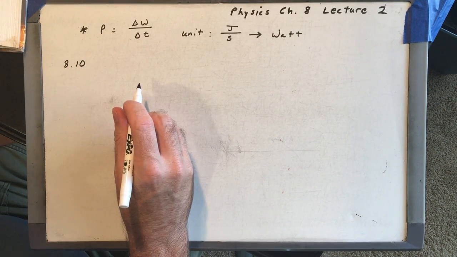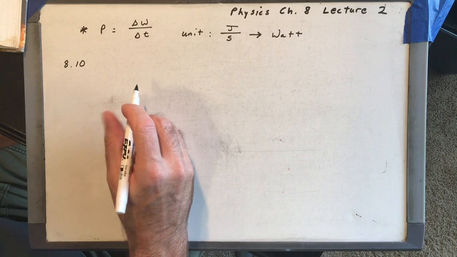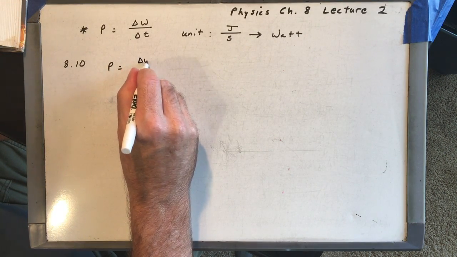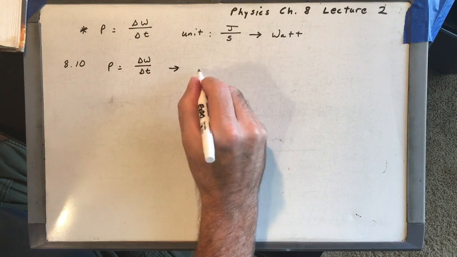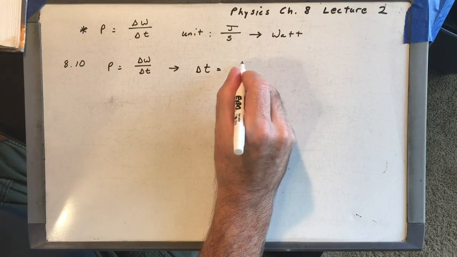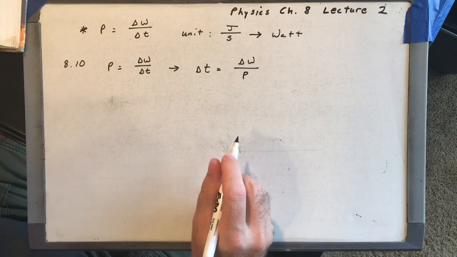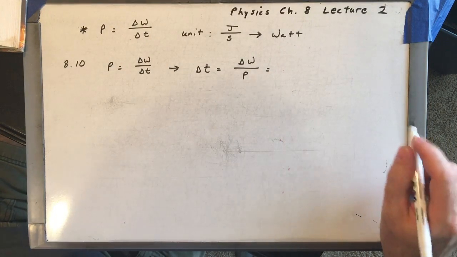So it says the engine in a machine is rated at 125 watts. If this machine uses a force of 55 newtons to move an object 351 meters, how long will it take the machine to complete the task? Okay, so we have power is equal to change in work over change in time. We want to know how long, so we're solving for time. Time is equal to the work over power. We know that work is force times distance.